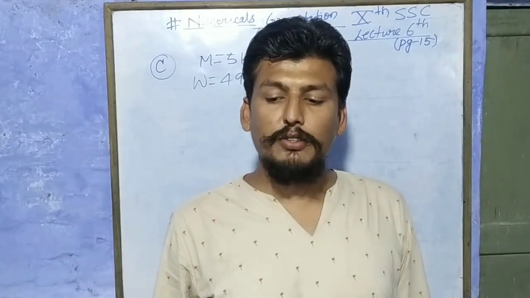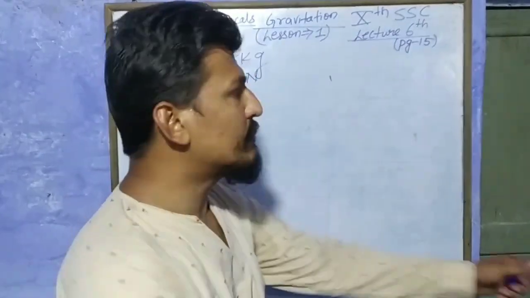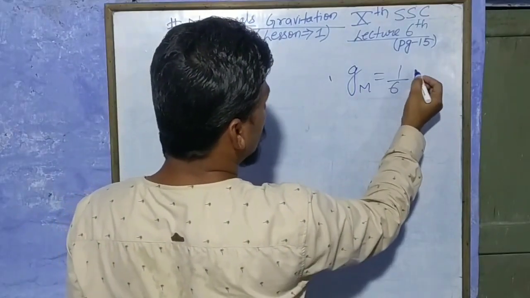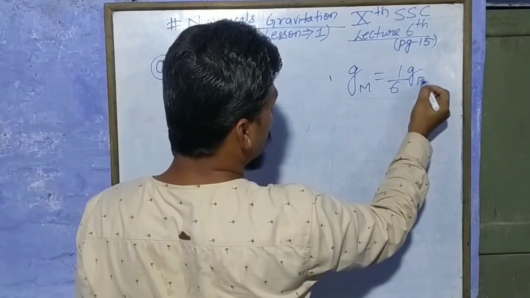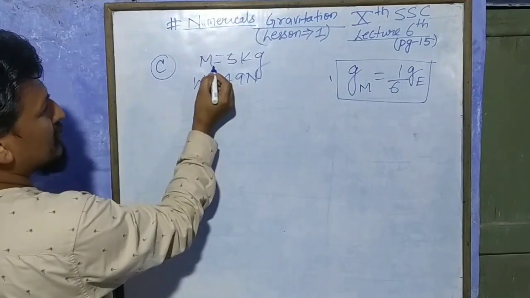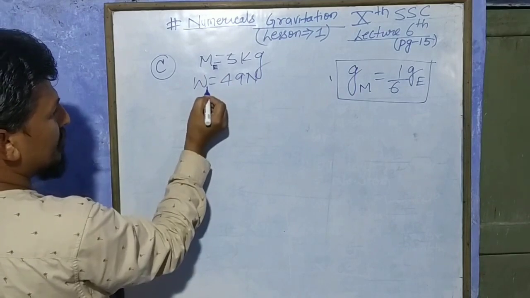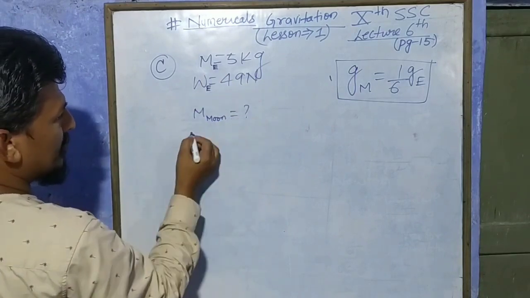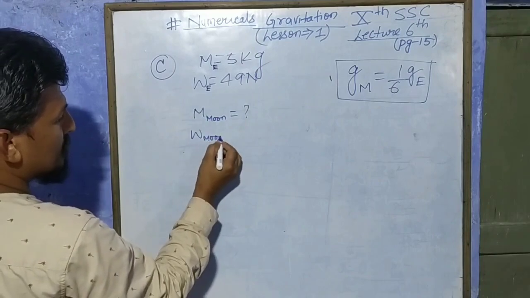Assume that the acceleration due to gravity on the moon is 1/6 that of Earth, meaning g on the moon is 1/6 of g on Earth. This is the mass on Earth and this is the weight on Earth. You have to calculate the mass on the moon and the weight on the moon.